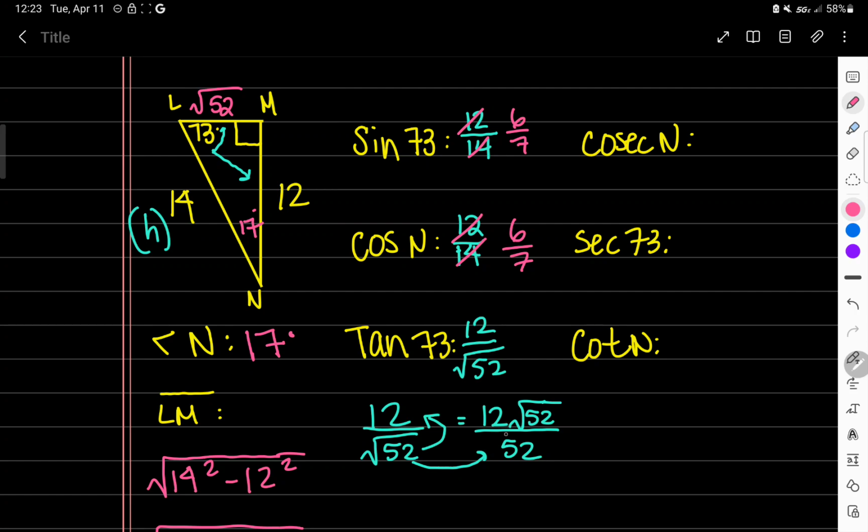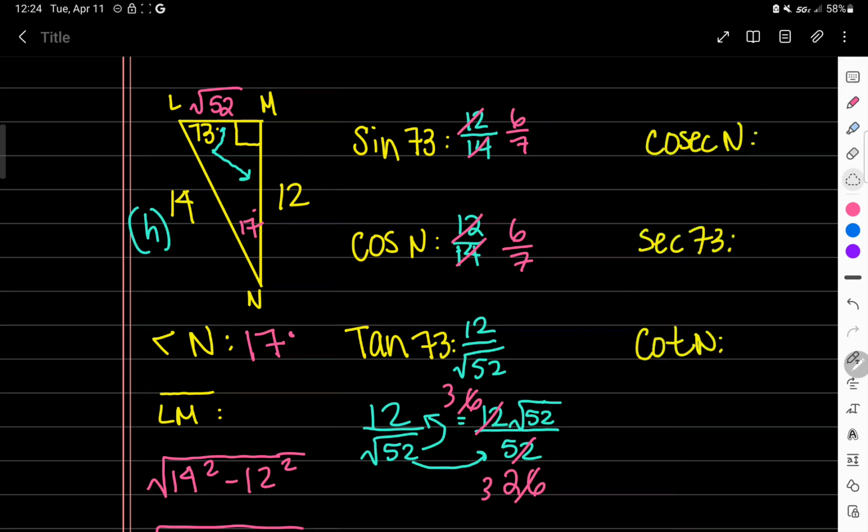So for the outside, 12 and 52, we can divide it with 2. We can divide it with, I think, 4 as well. Let's do 2 first. So that would give us 6 and 26. And then we can reduce 6 and 26 to 3 and 13. So let me scoot this over.